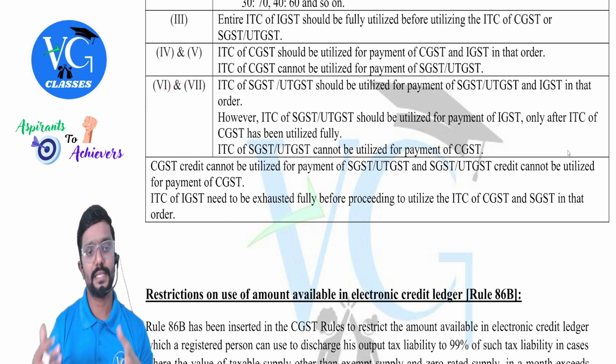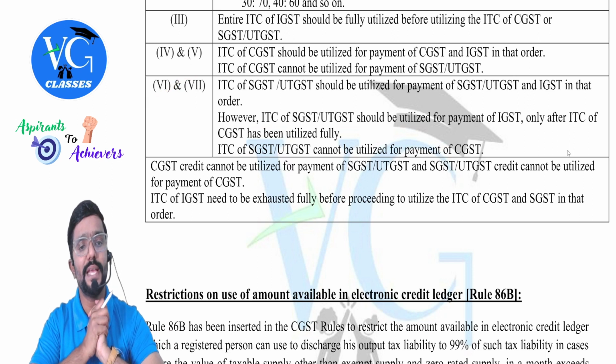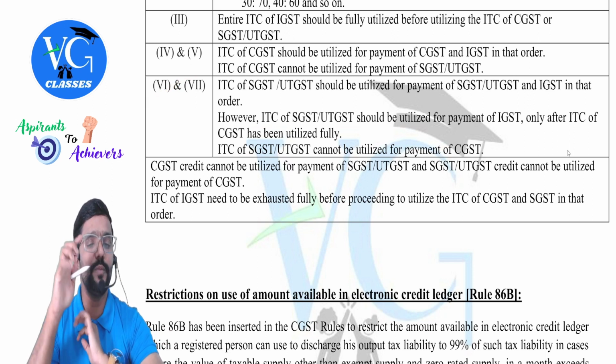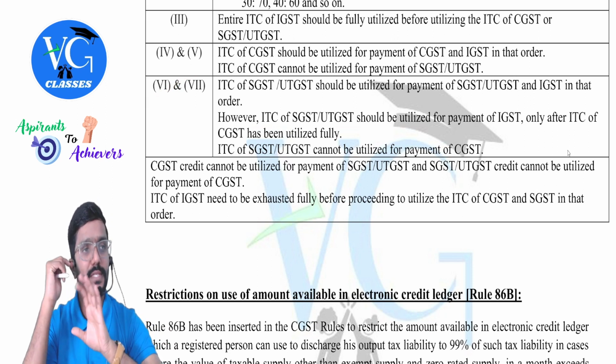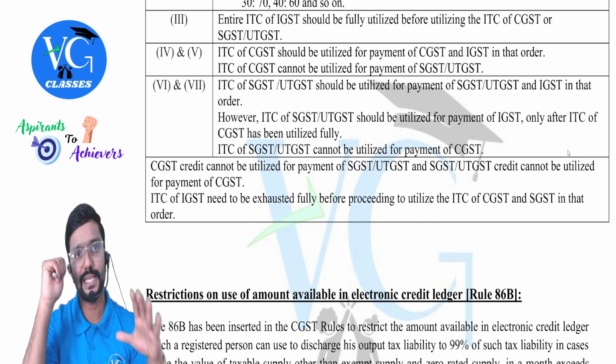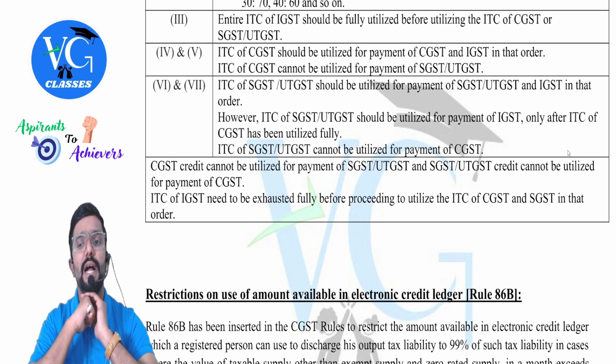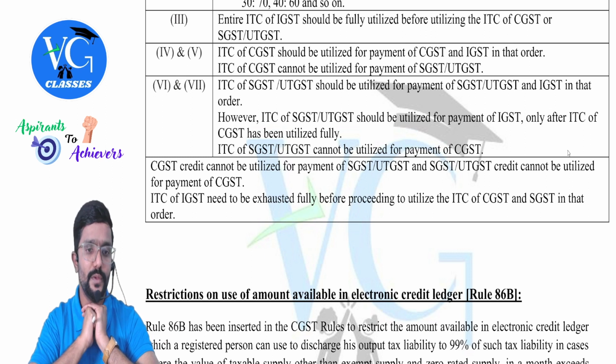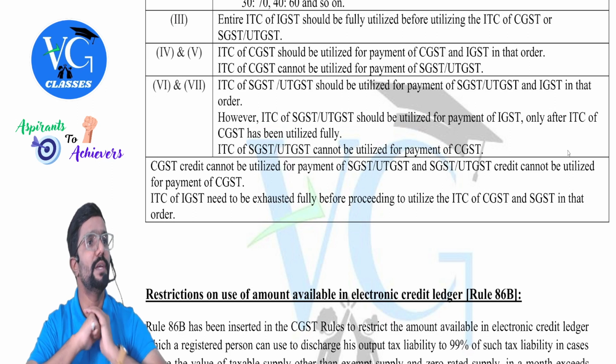Next, 6th and 7th. ITC of SGST or UTGST should be utilized first for the payment of the same nature, that is either SGST or UTGST, and then IGST in that order. However, ITC of SGST or UTGST should be utilized for payment of IGST only after the ITC of CGST has been fully utilized.